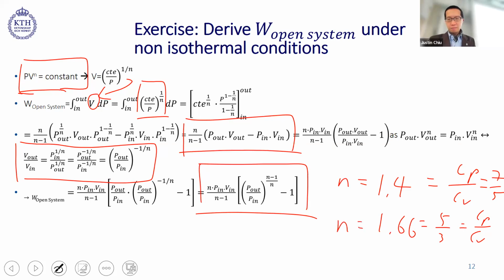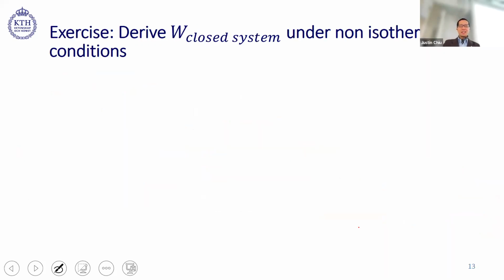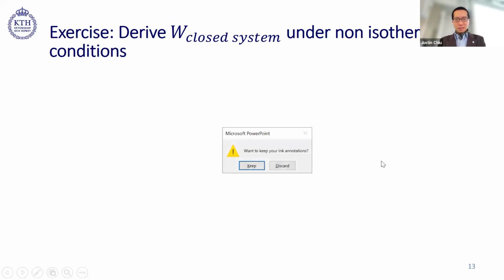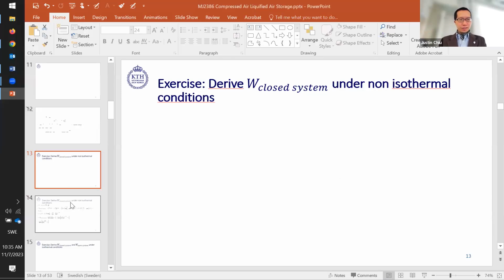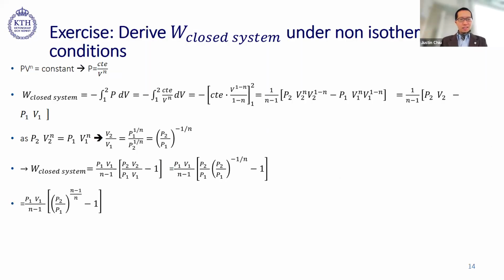Let's continue. And then here, I don't want to do this by hand. So I will just do it. For the closed system, earlier it was open system, and this one is closed system. So the same, we are using this PV to the power of n equal to a constant.